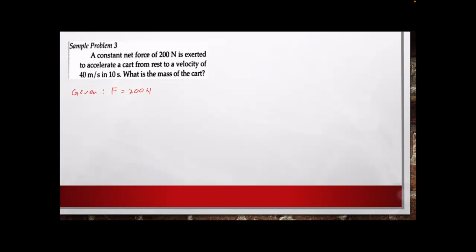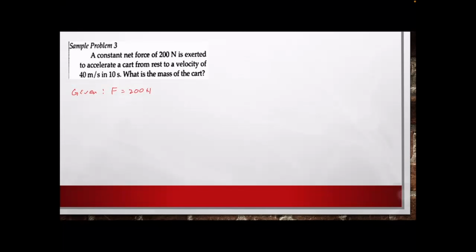Basahin natin ha. Exerted to accelerate a car from rest to a velocity of 40 meter per second. From rest to 40 meter per second. What is 40? Initial or final? Final po.